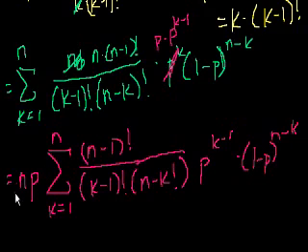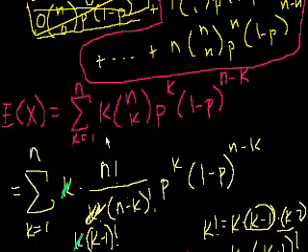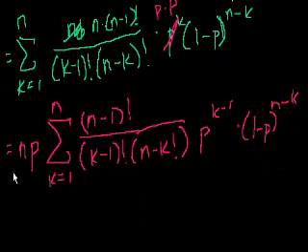And we're close. Remember, we want the result that the expected value of our variable should be equal to this. So we'll be done if we can just show that this whole thing here equals 1.